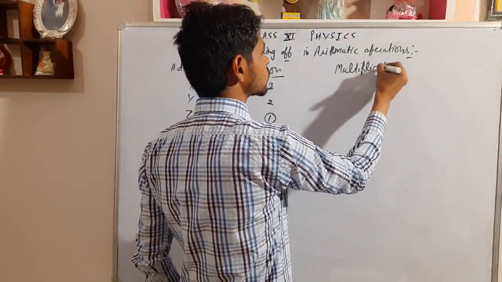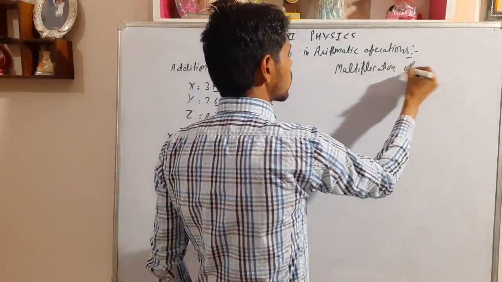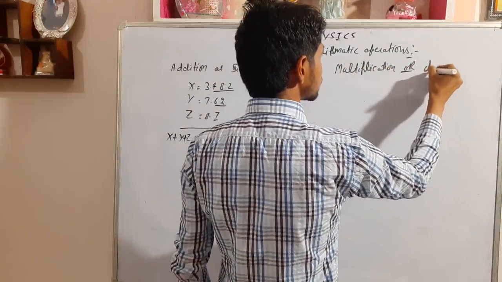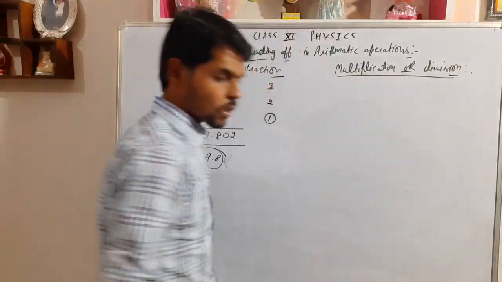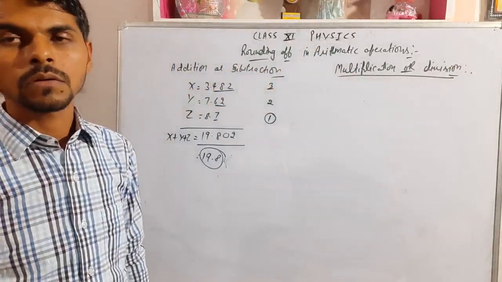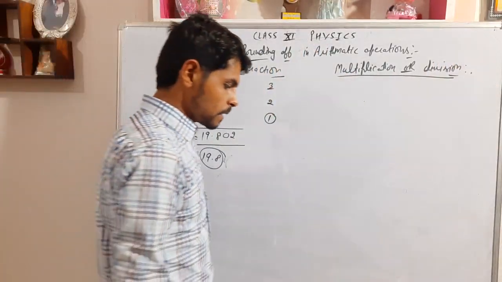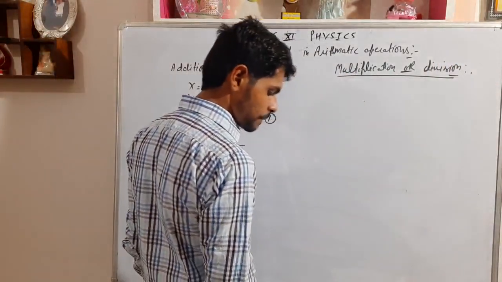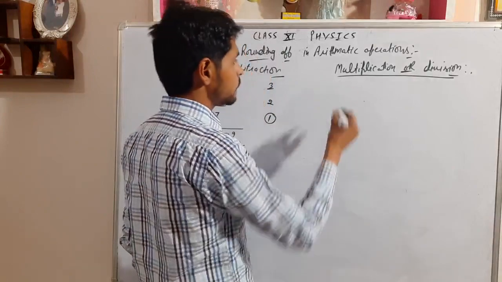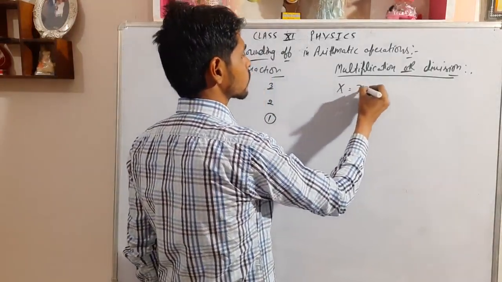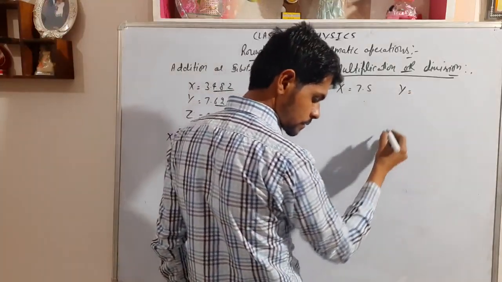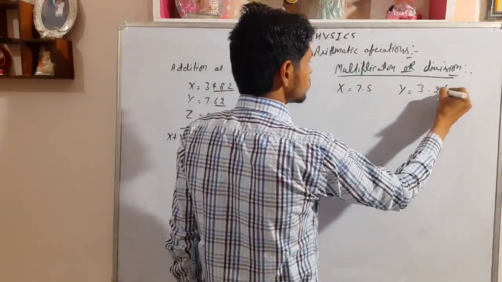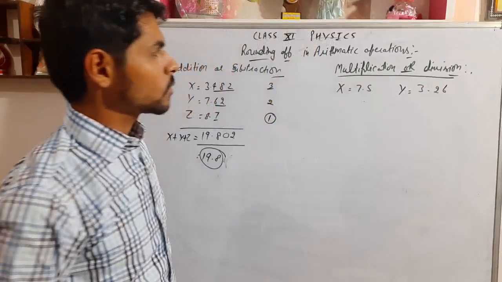Now in multiplication or division, what are we going to do? Suppose I am taking an example where x is 7.5 and y is 3.26.